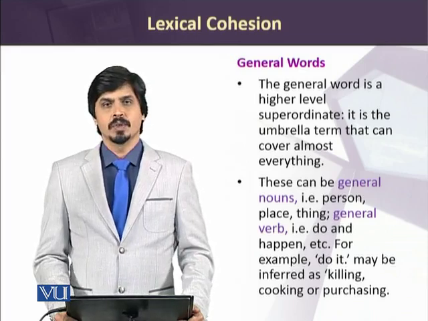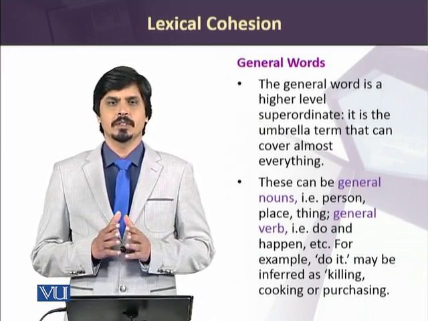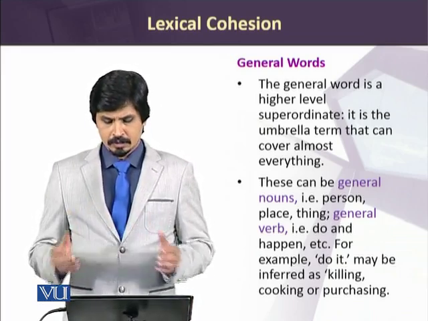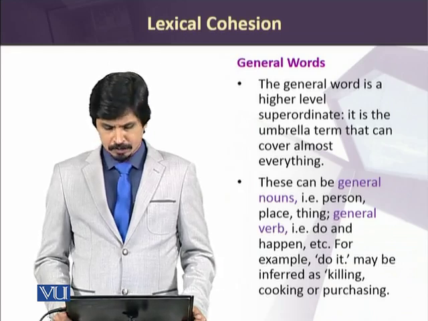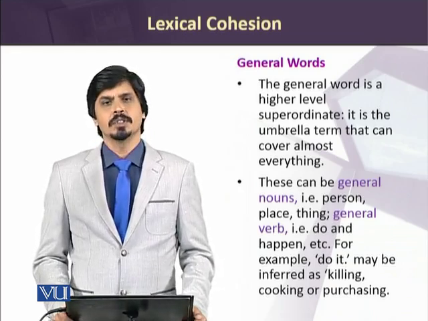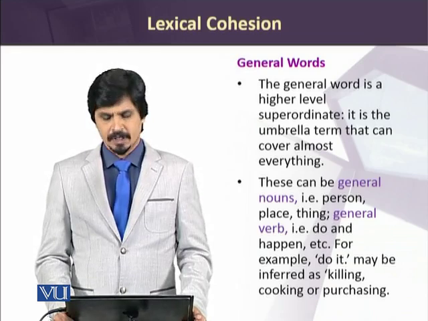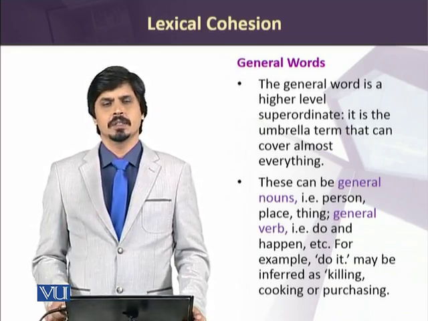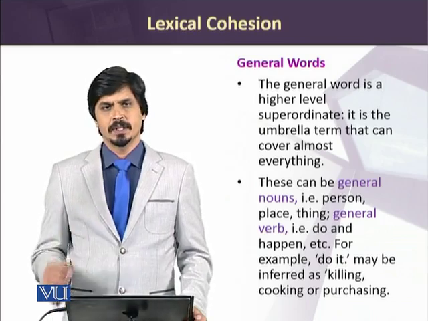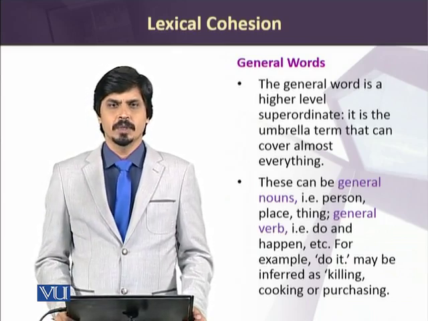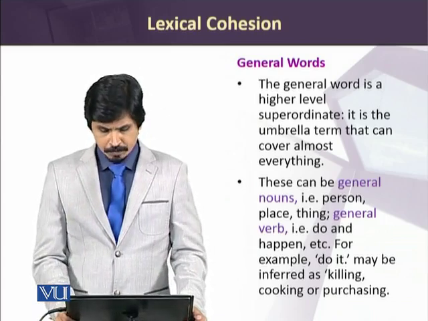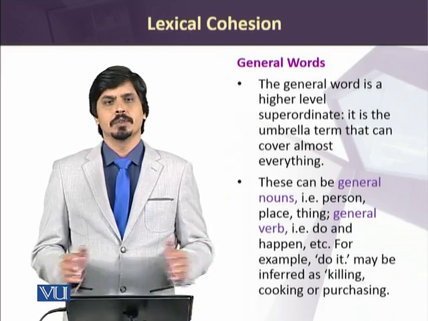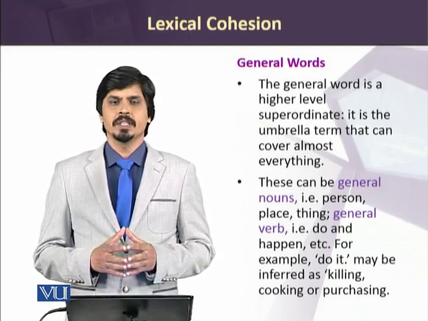There are some general words which can also be used as a cohesive device for a text. Some common examples of these general terms are general nouns, for example, the words person, place, thing, instead of the particular names of those places. And then we have some general verbs also, like do and happen. When we say do it, it could refer to various kinds of actions.